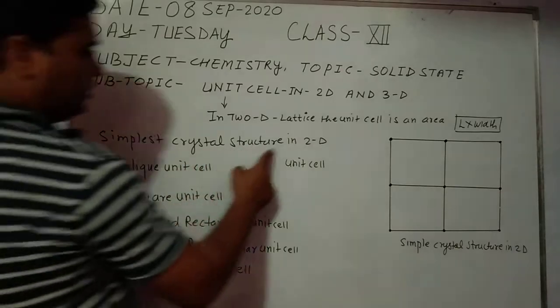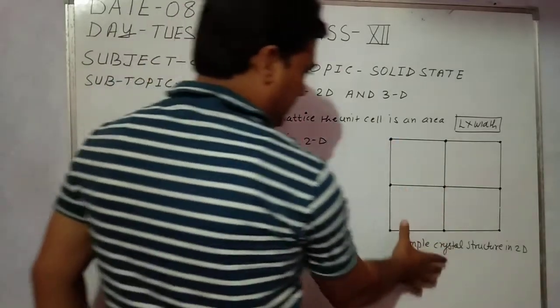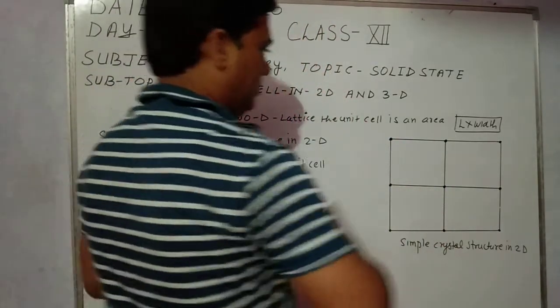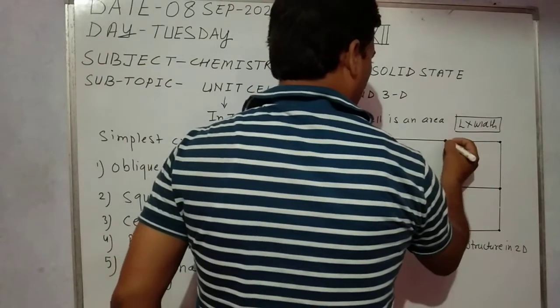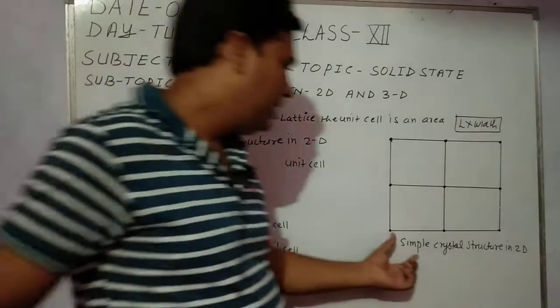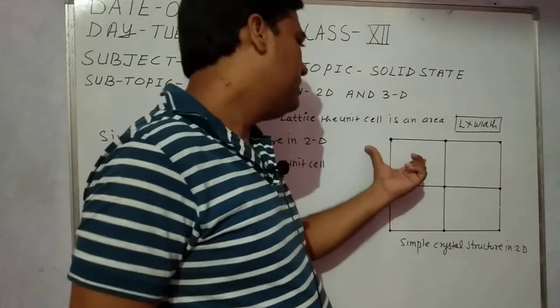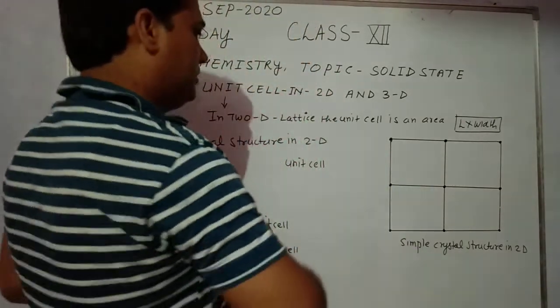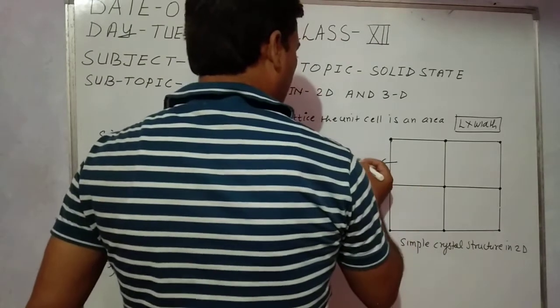Simplest crystal structure in 2D can be represented as this. This is known as crystal lattice in two-dimensional. The simplest part is known as unit cell.